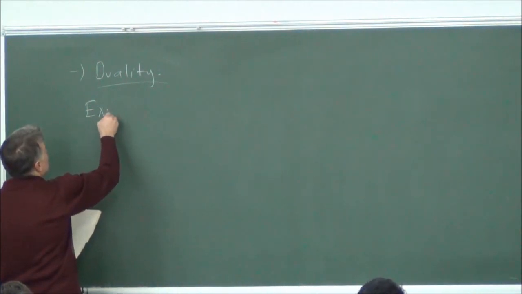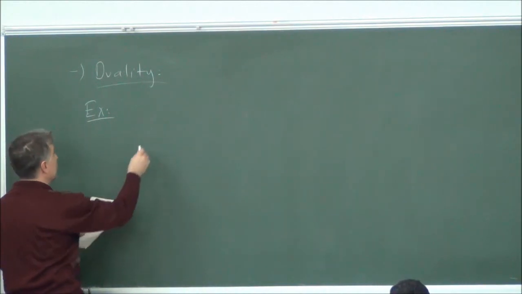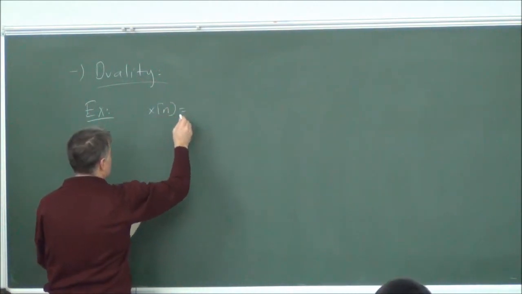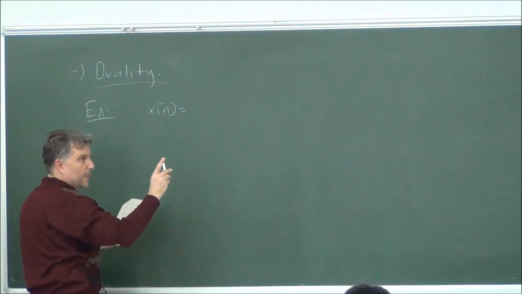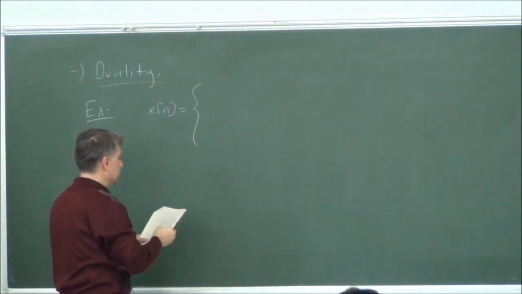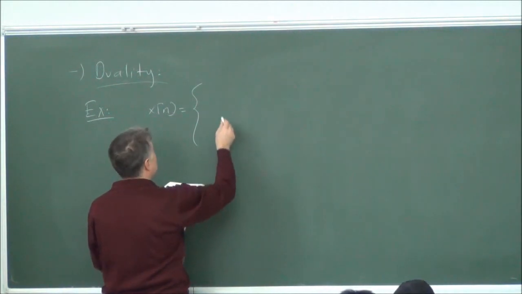It may be best to start with an example without trying to explain any further. Suppose that you have x of n, which is periodic, but I'm indicating only one period of that, like this.